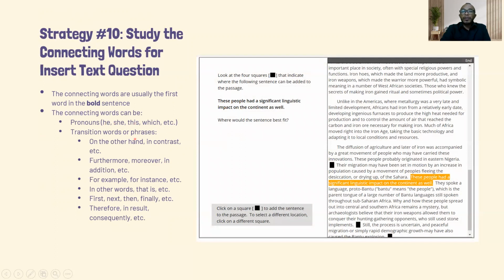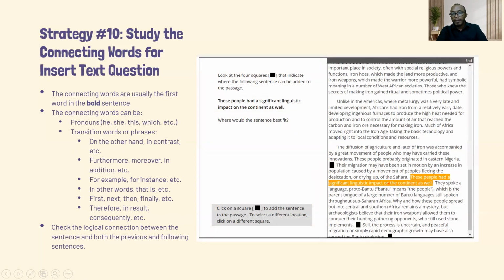It can also be transition words or phrases, such as on the other hand, furthermore, first, next, therefore, and so on. And you need to check the logical connection between the sentence and the sentences before and after the place where you would like to put it, or where you think the sentence would best fit, right?